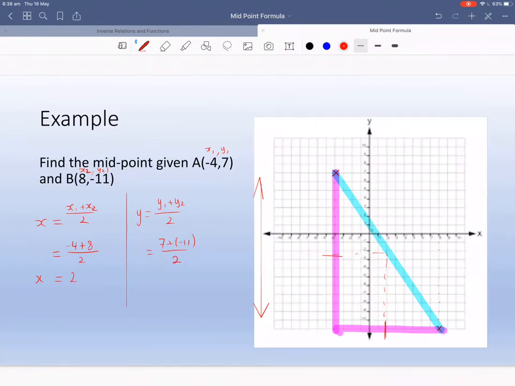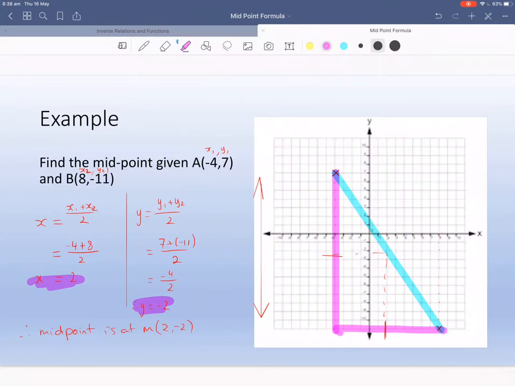So what that is, it's actually 7 minus 11, and we should get minus 4 over 2, therefore y equals minus 2. Therefore, our midpoint, we'll call it M, is at 2, minus 2, all right? So that's just from here and here. We've found the average of both of them.